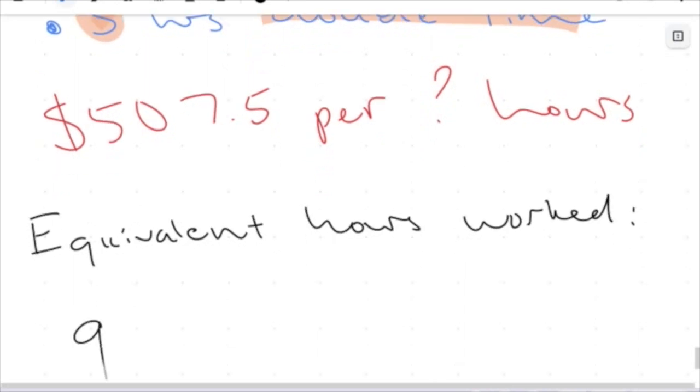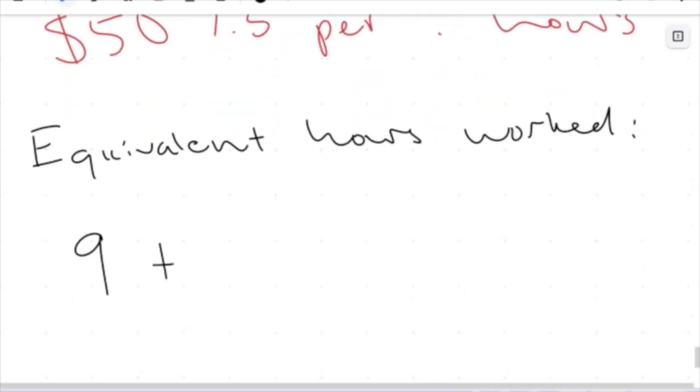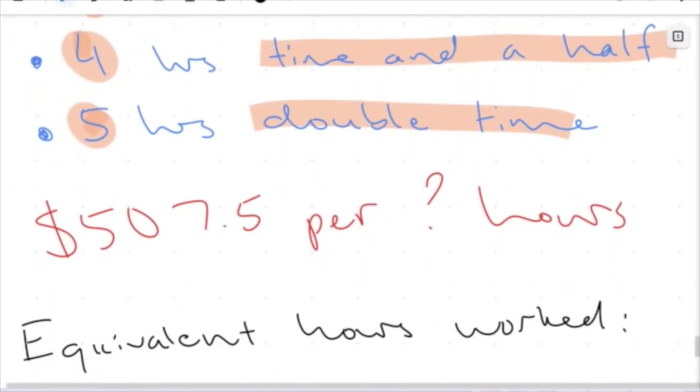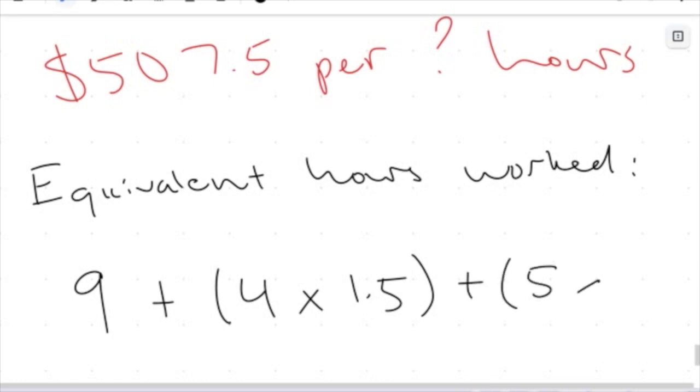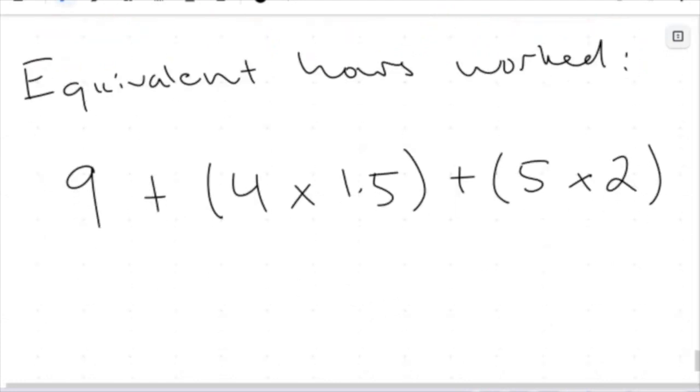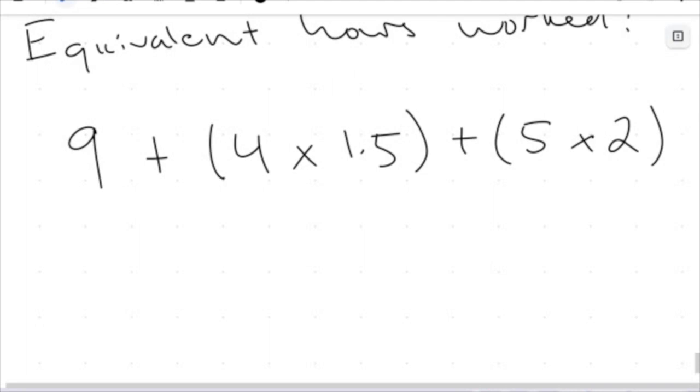So we have our 9 hours, and then to that we're going to add 4 hours at time and a half, so 4 hours multiplied by 1.5, taking 1.5 lots of 4, and then your 5 hours at double time, multiplying by 2 here. So our total hours is going to be 25 hours.